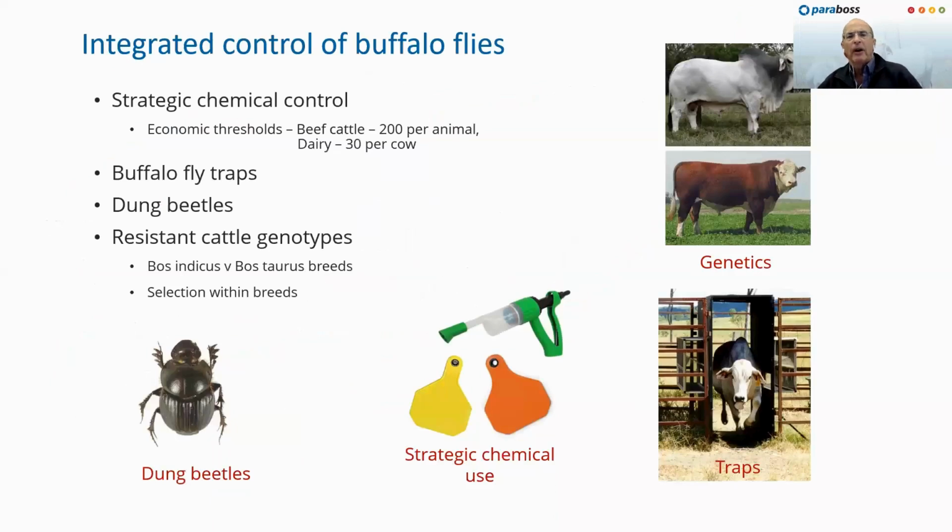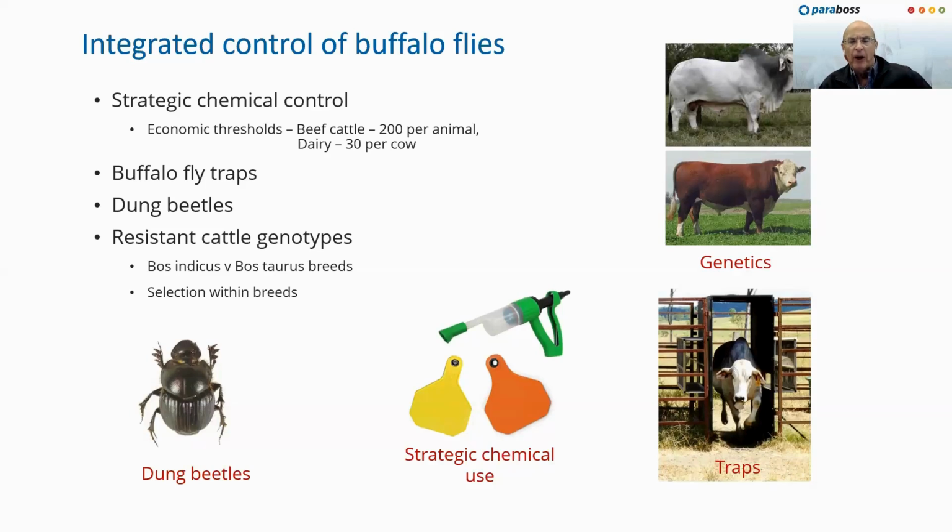Now, control of buffalo flies is an integrated approach, which could consist of all or some of the below: strategic chemical control. And by strategic, we commonly say that the economic threshold, the threshold where what you're going to lose if you don't treat is more than what it costs you to treat, is about 200 per animal, or 100 per side for beef cattle, and about 30 for dairy cattle.